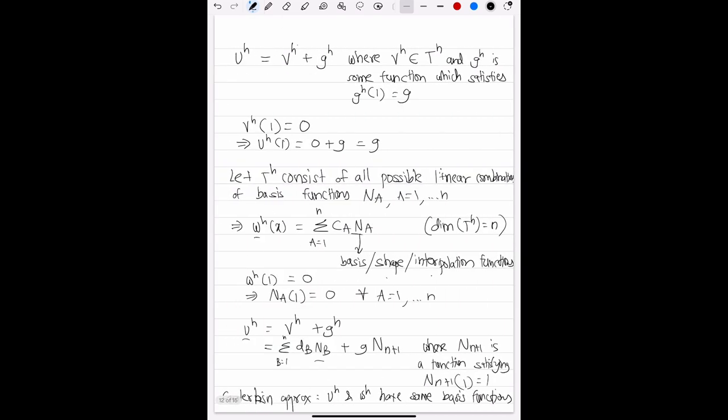Now here wh is given by summation cA NA, whereas uh is given by summation dB NB plus g multiplied by N n plus 1.